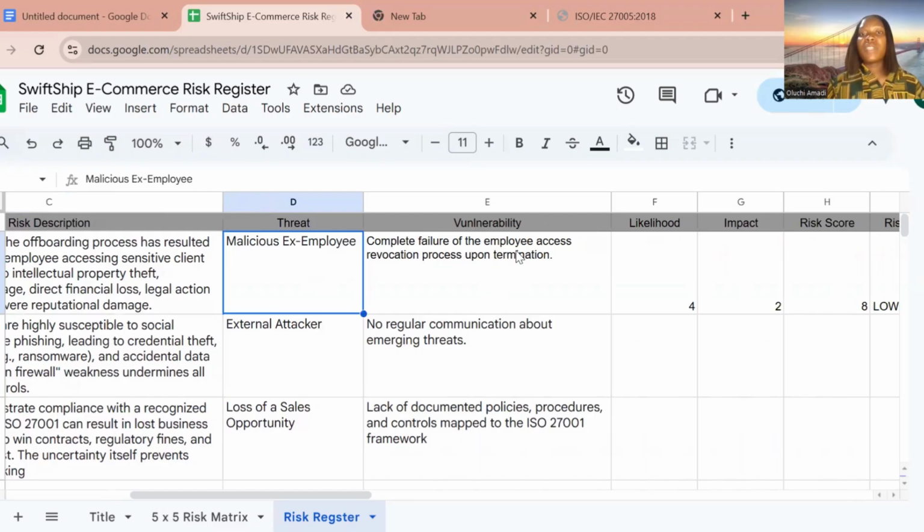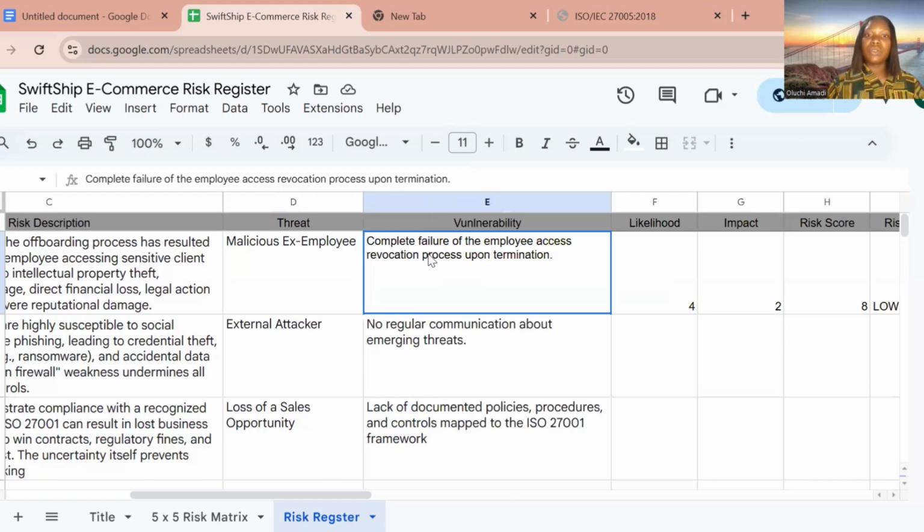Complete failure of the employee's access revocation process upon termination. What caused it? What made this ex-employee a threat? How did they get to the asset? Because after the employee stopped working for them, he still has access to the data. That is for this one.